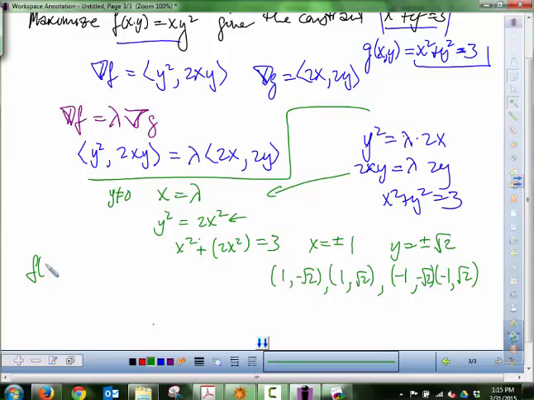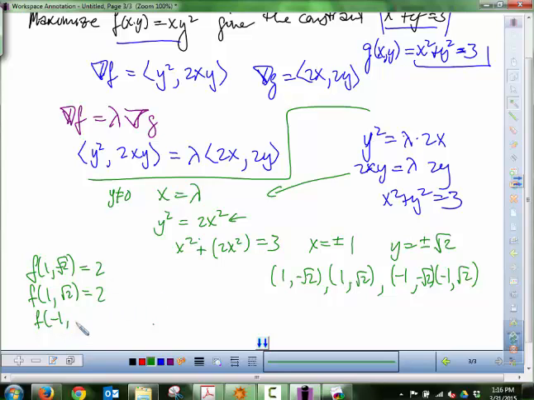F of 1 comma negative square root of 2. So negative square root of 2 is being squared, so this becomes positive 2. So this is 2, right? And then f of 1 comma positive square root of 2, since y is being squared, it's going to give us the same value.